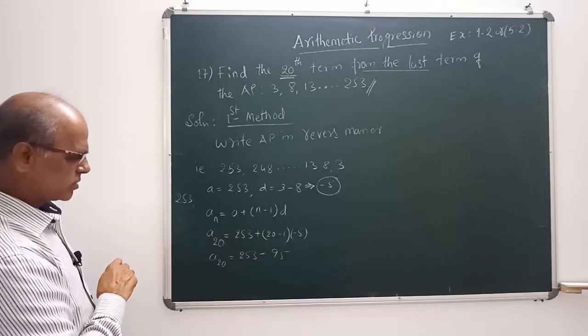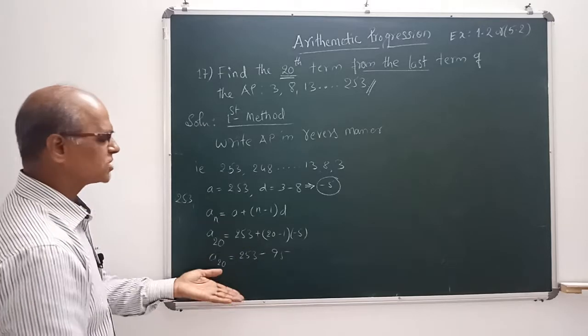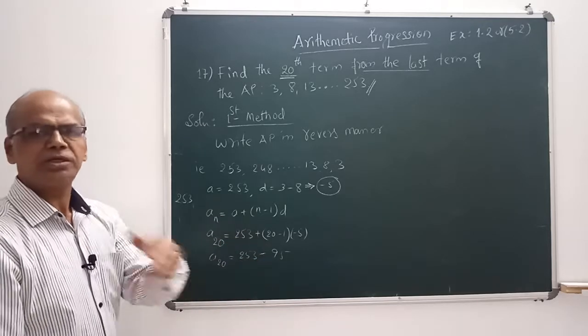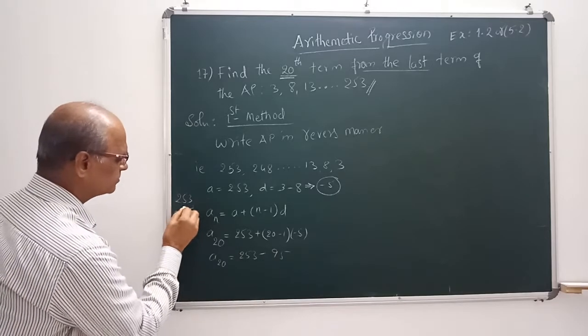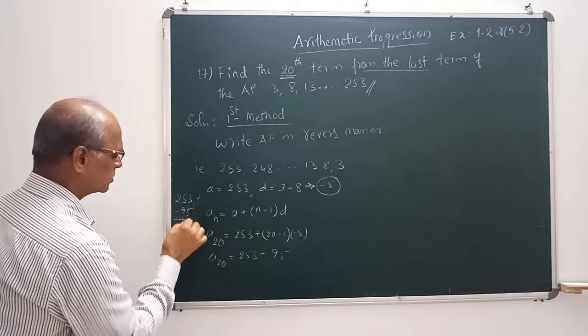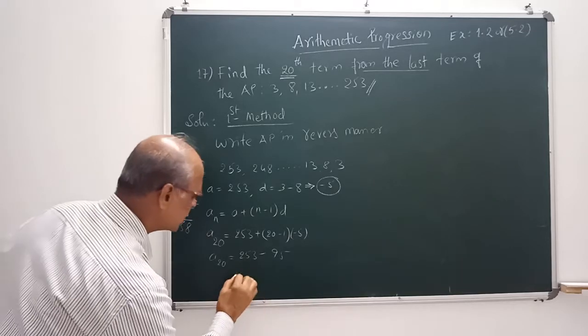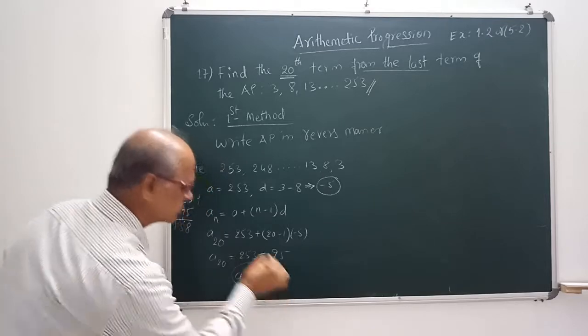A is known, D is known. A20 directly, unnecessarily we have done these steps. A20 means A plus 19D, we should have done it. 253 minus 95 is 158. This is your answer.